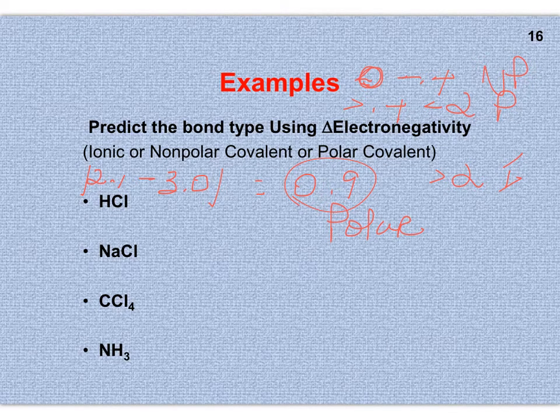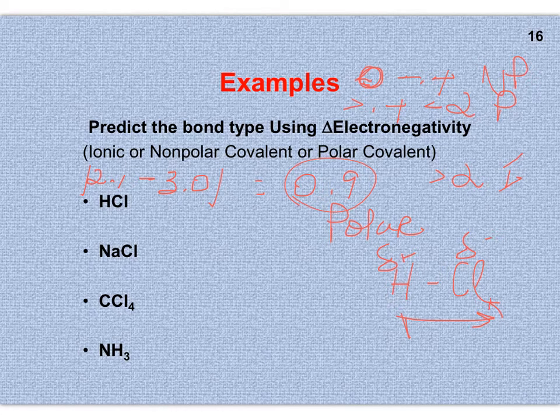Anytime you have a polar covalent bond, you must show development of the partial charges. The partial negative goes over the more electronegative atom, which in this case is chlorine, and the partial positive over the other one. You could also draw the dipole arrow instead if you want, making sure that the arrow is next to the more electronegative atom.